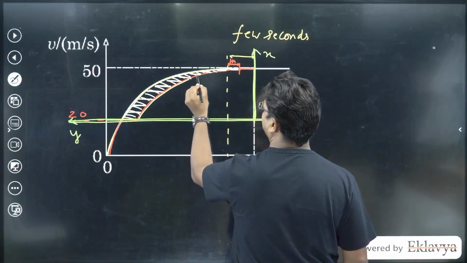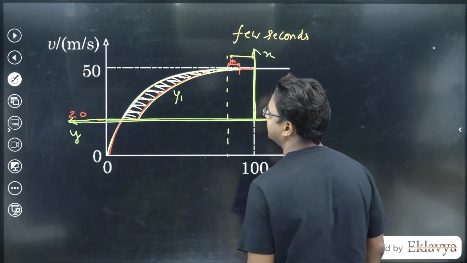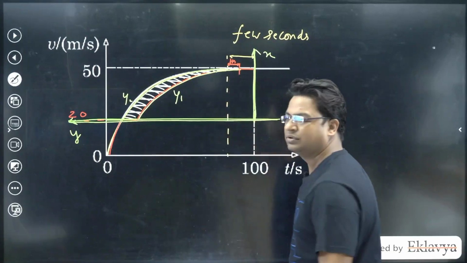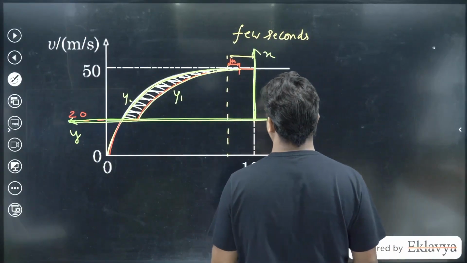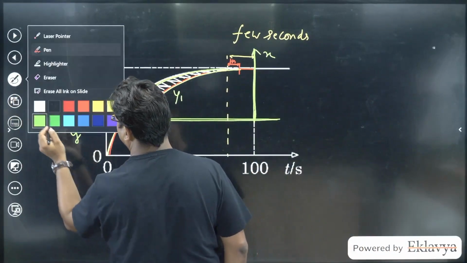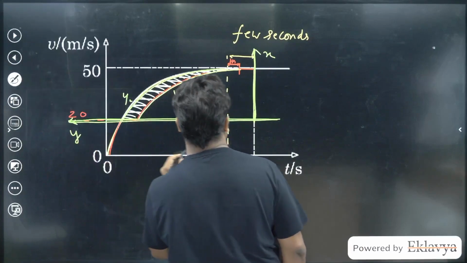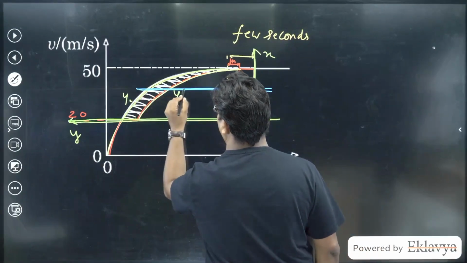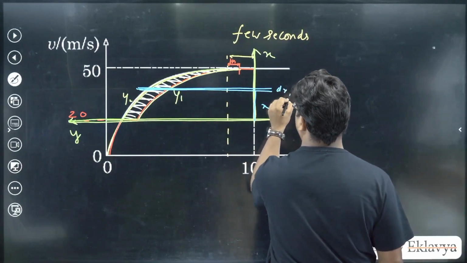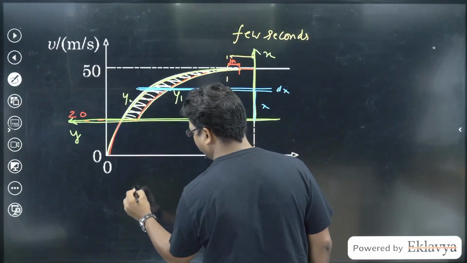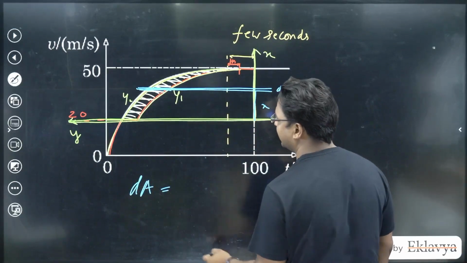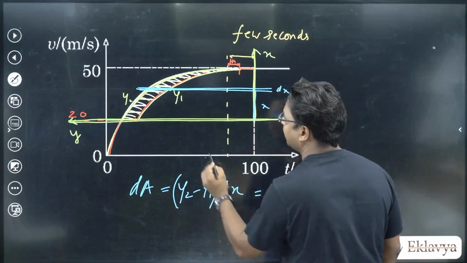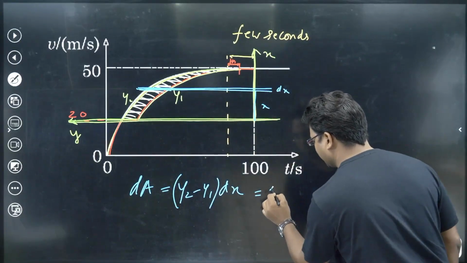This would be a curve, say y1. This would be a curve, say y2. At any x, if I consider a strip of width dx, then how will we write this area dA? This area would be y2 minus y1 times dx, and y2 minus y1 is always 1.